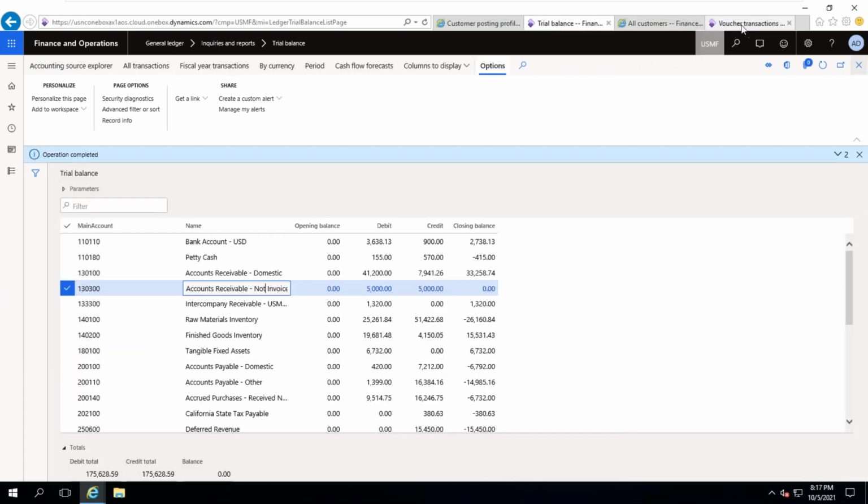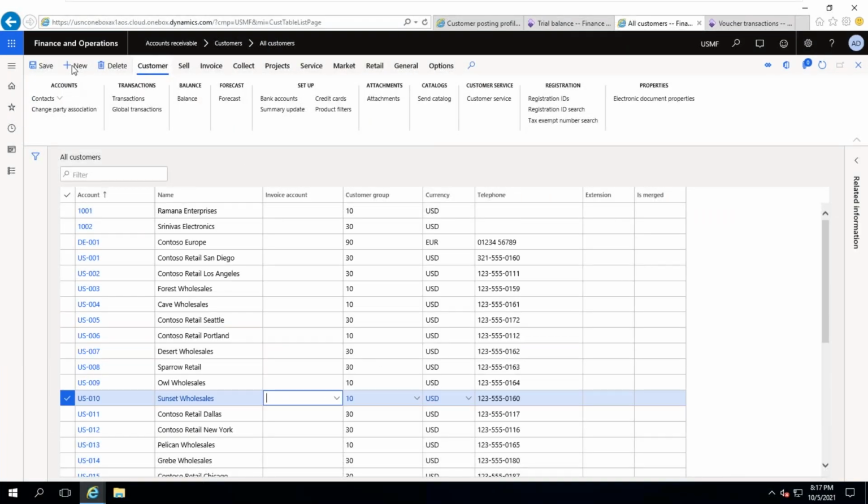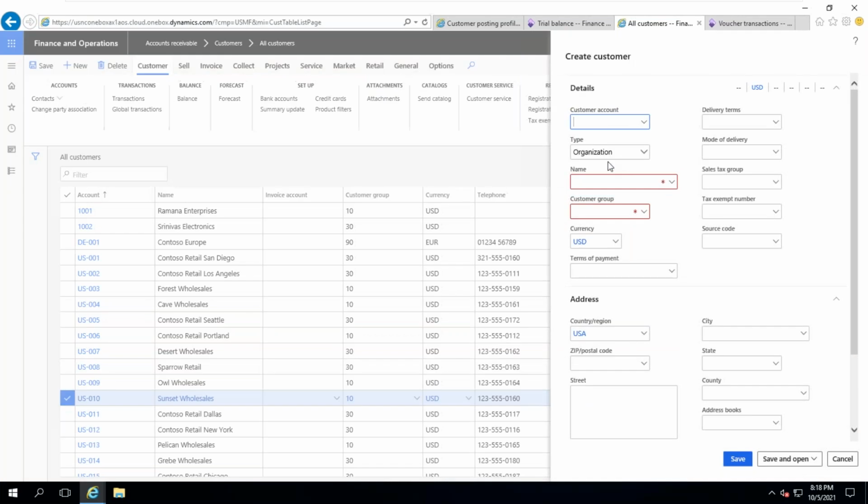Otherwise, let me create one customer and do one transaction. Take the same example: TCS is one customer. This TCS is a domestic customer, but I don't want it merged in the ledger account.